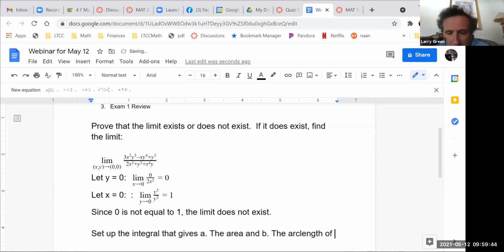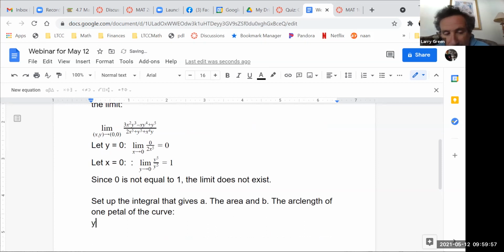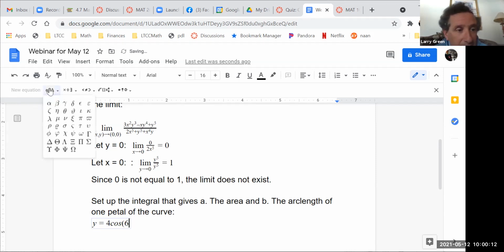How about of one petal of the curve r equals 4 times the cosine of 6 theta. Let's see if you can do that.